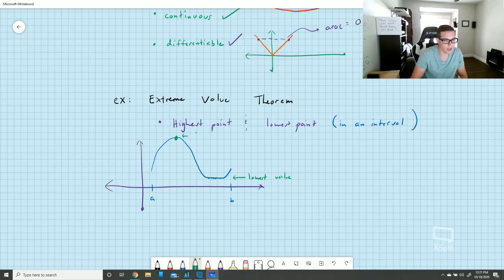Right here is the highest value. So there's a highest point and a lowest point, otherwise known as maximums and minimums. So there's an absolute maximum and absolute minimum. So that's the other big thing that's going to come up more later. Absolute max and absolute min exist.